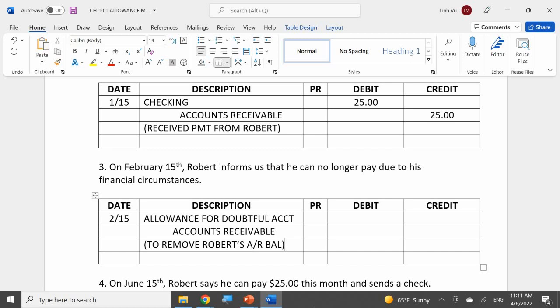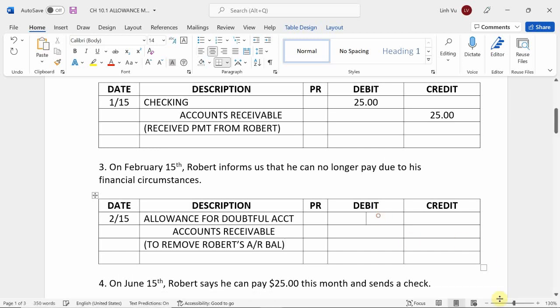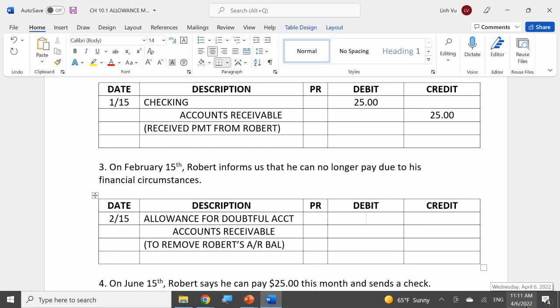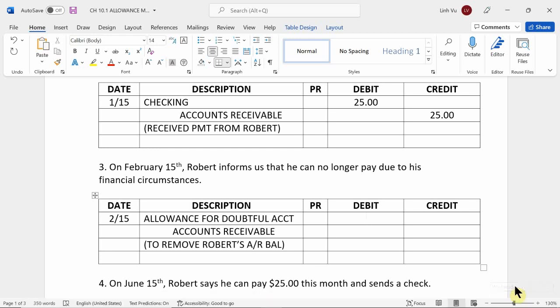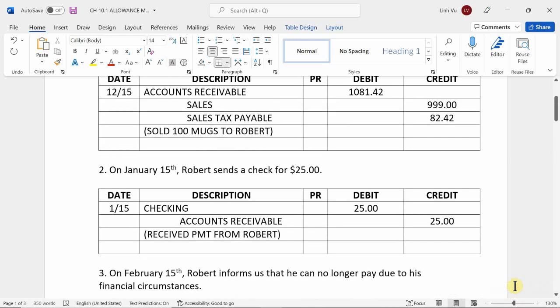So in this case, how much does Robert owe me? How much does Robert owe me right now? We got the 1,000. We minus 25 from this.